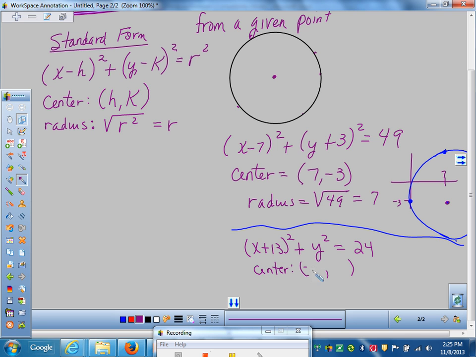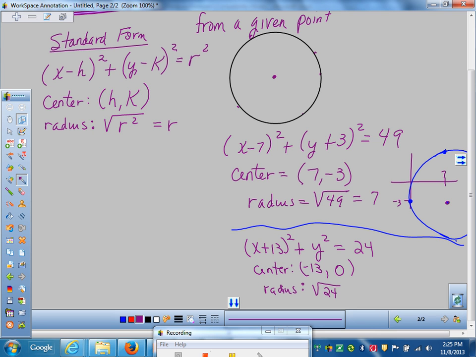Okay, x is negative 13. Joel says 0. What do y'all think? 0, because that's technically y minus what number? 0, because there's nothing there. So if there's no quantity, you just leave a 0 there, and you're done. So at the center, how would I get the radius on this one? Square root of 24. Okay.